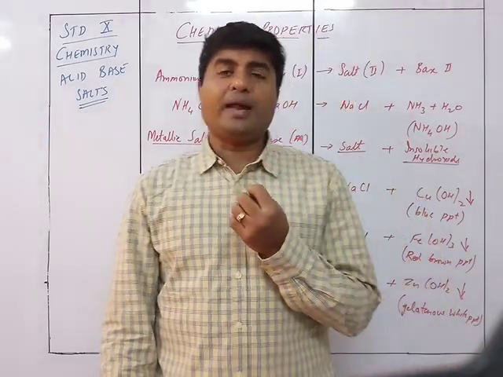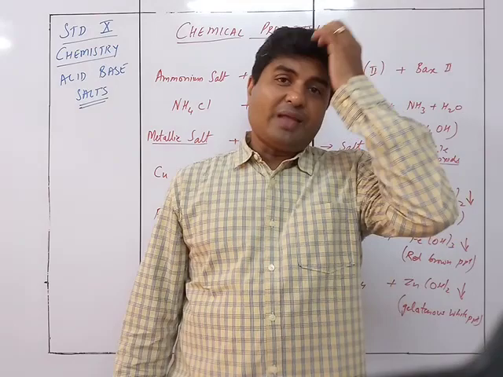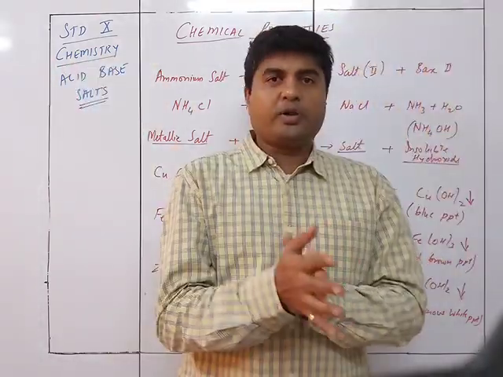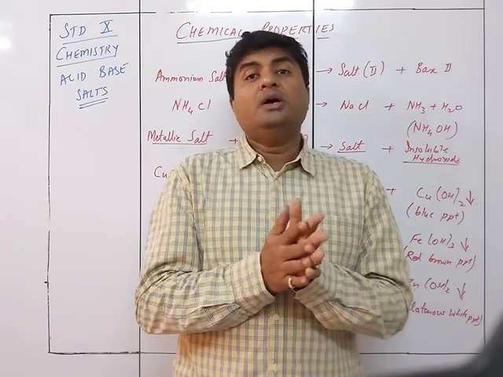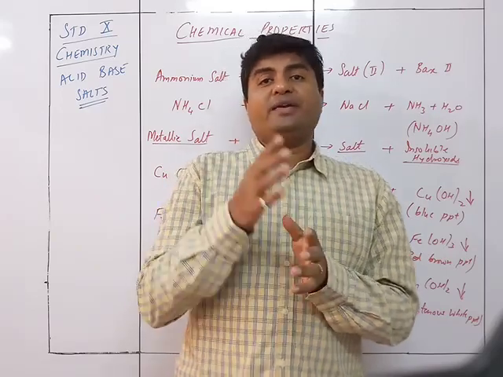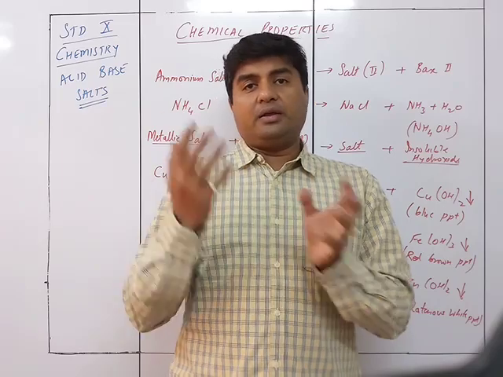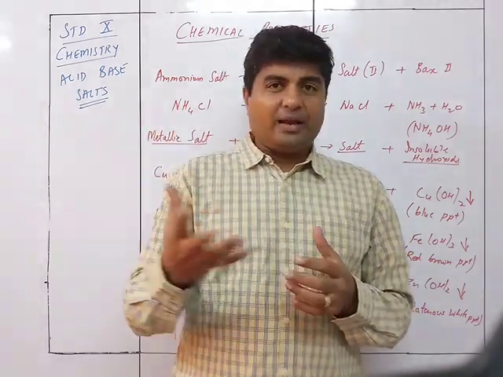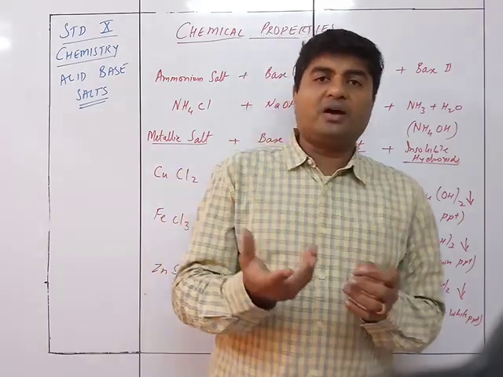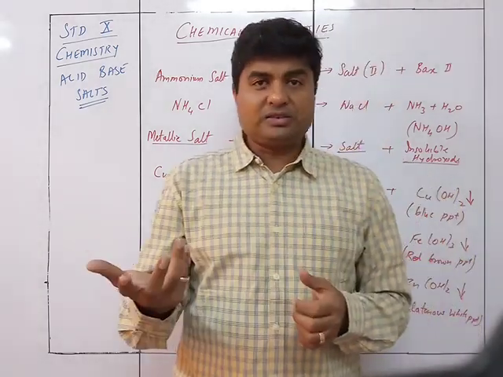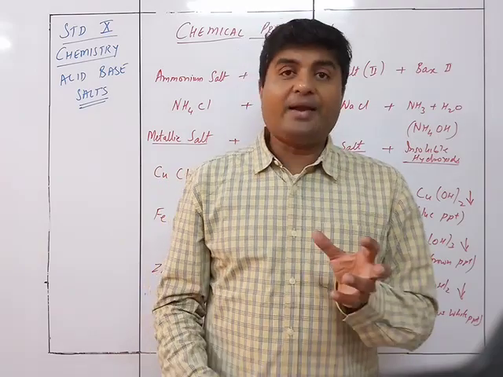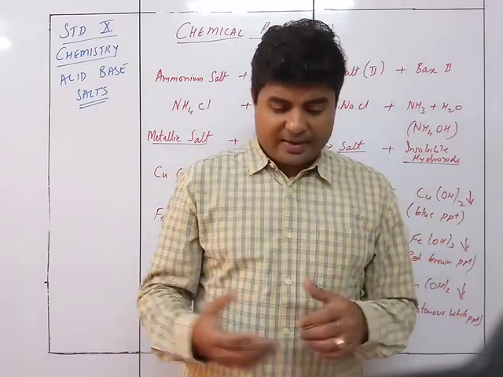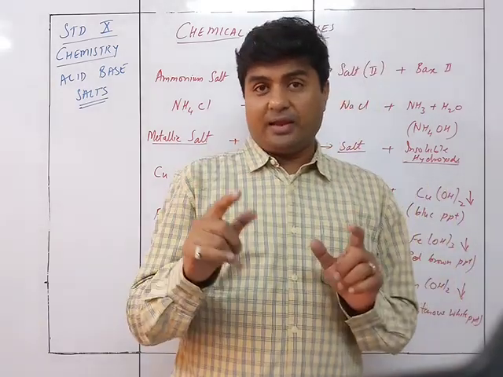See, basically what happens is nitrogen and oxygen both are present in the atmosphere. Because of the presence of nitrogen and oxygen, there will be formation of nitrogen dioxide and nitrogen trioxide in the atmosphere due to rainfall, due to lightning and all. So this nitrogen dioxide is going to form nitrous acid, and nitrogen trioxide will form nitric acid. So this way nitrous acid and nitric acid is going to be formed in the atmosphere due to lightning.